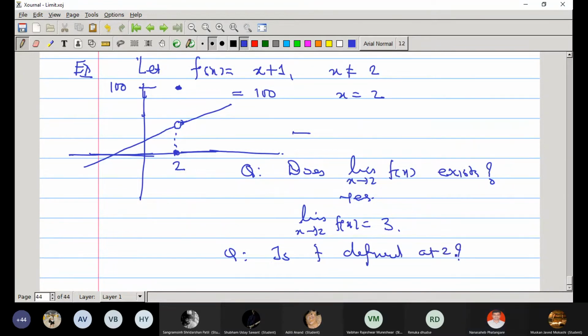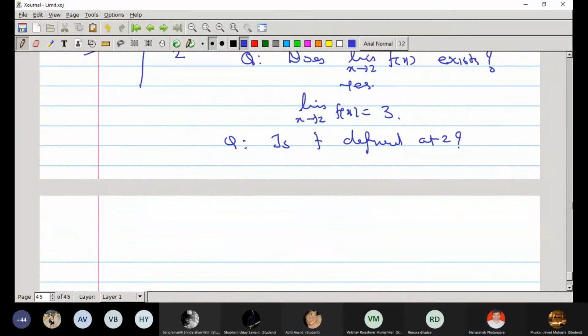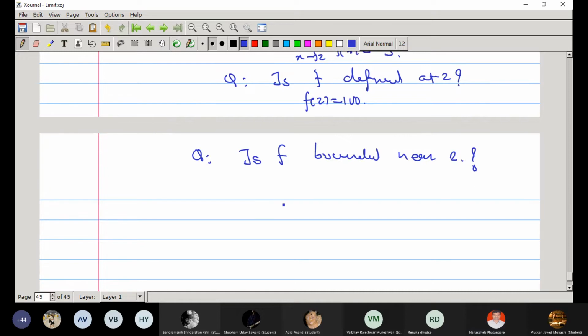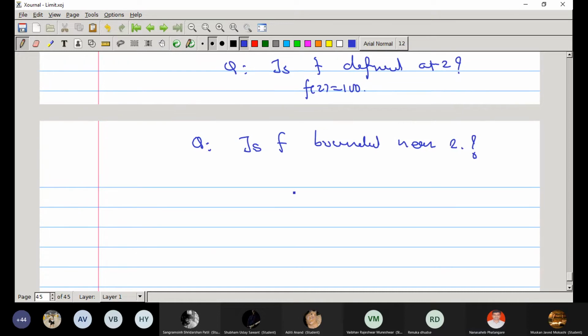Yes. What is f(2)? 100. So f(2) is equal to 100. Now is f bounded near 2? Yes.